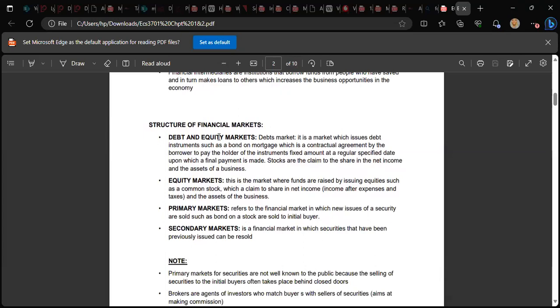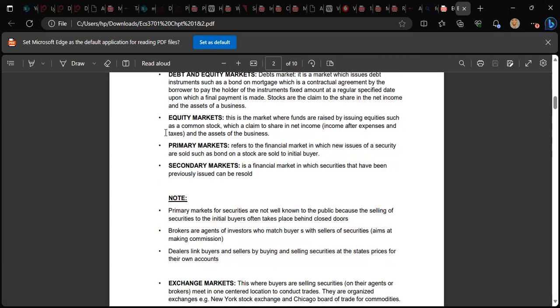And then the other distinction that comes into play here is the primary market and the secondary market. This is also very important. When an organization or the government seeks to raise funds, they want to go to the primary market, right? Why the primary market?